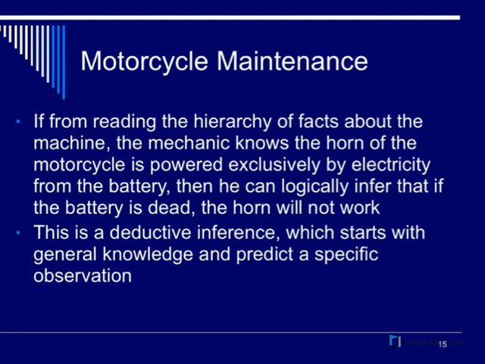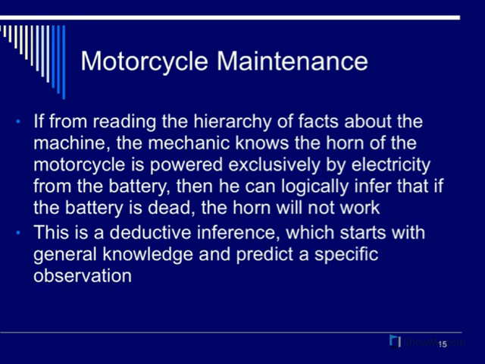If we look at the example of motorcycle maintenance again from a different perspective, if you're opening up a manual on facts about a motorcycle, a mechanic will know that the horn of a motorcycle is powered exclusively by electricity from the battery. That is his general information. And so as a result, he can logically infer that if the battery is dead, then the horn won't work.